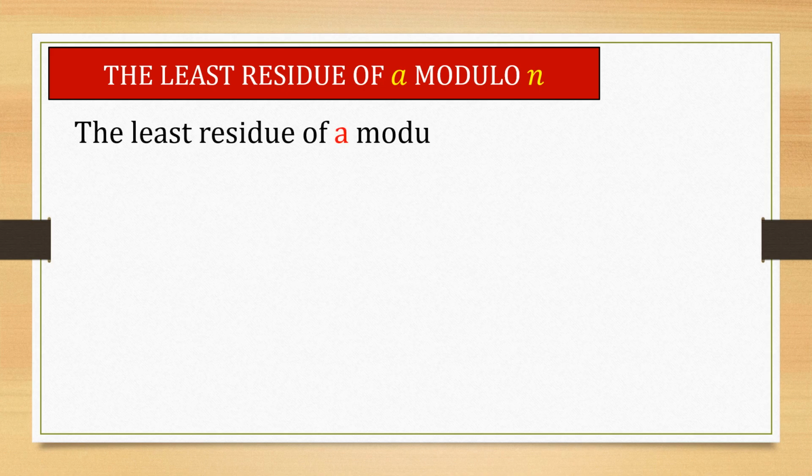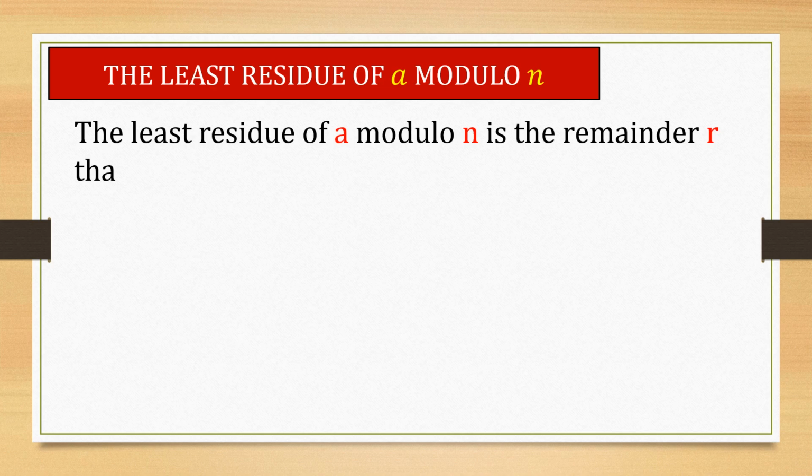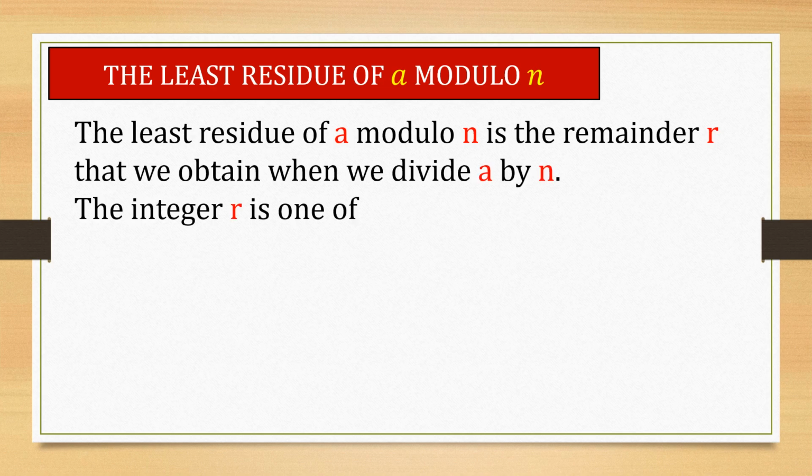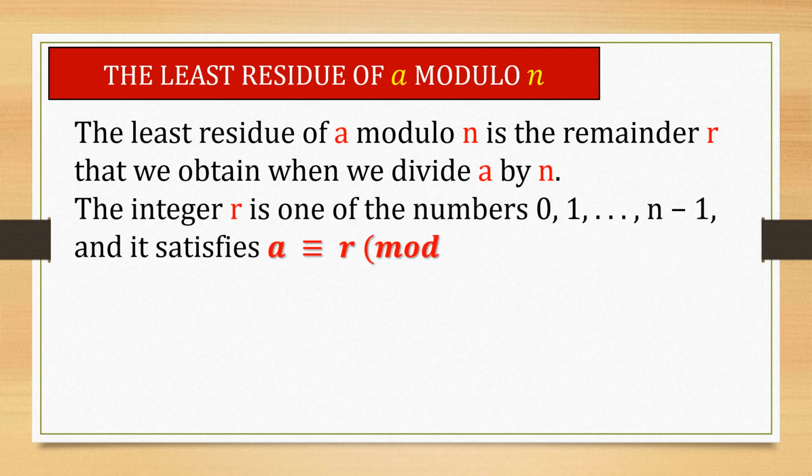The least residue of a modulo n is the remainder r that we obtain when we divide a by n. The integer r is one of the numbers 0, 1, up to n minus 1, and it satisfies a congruent to r modulo n.